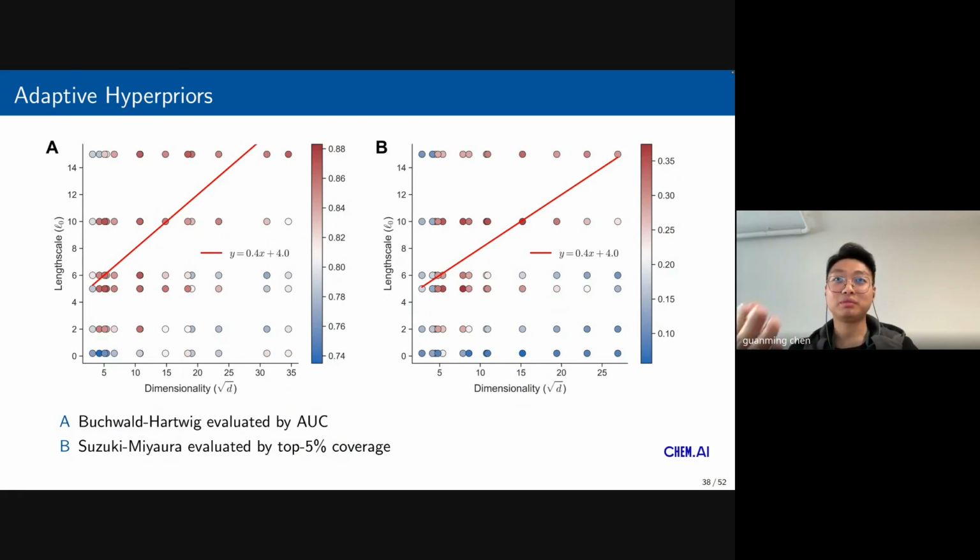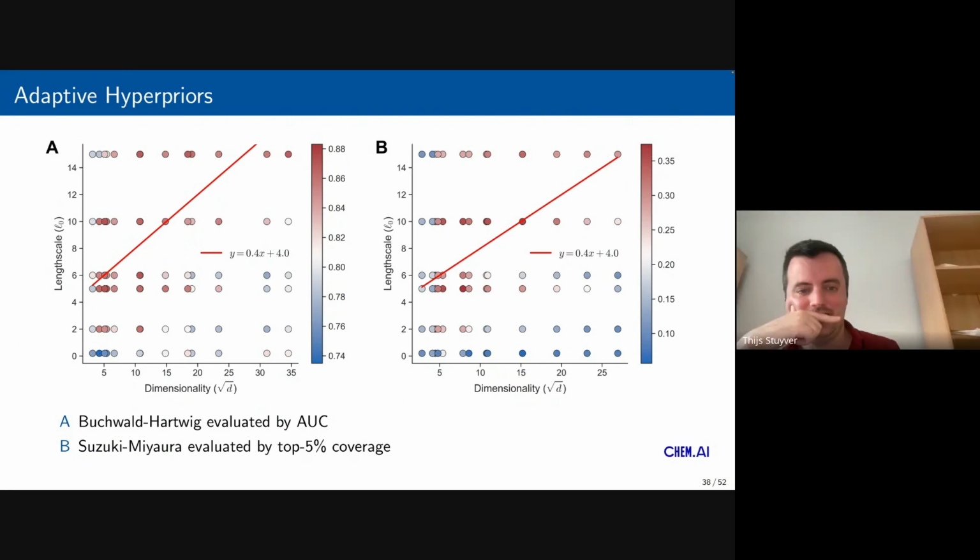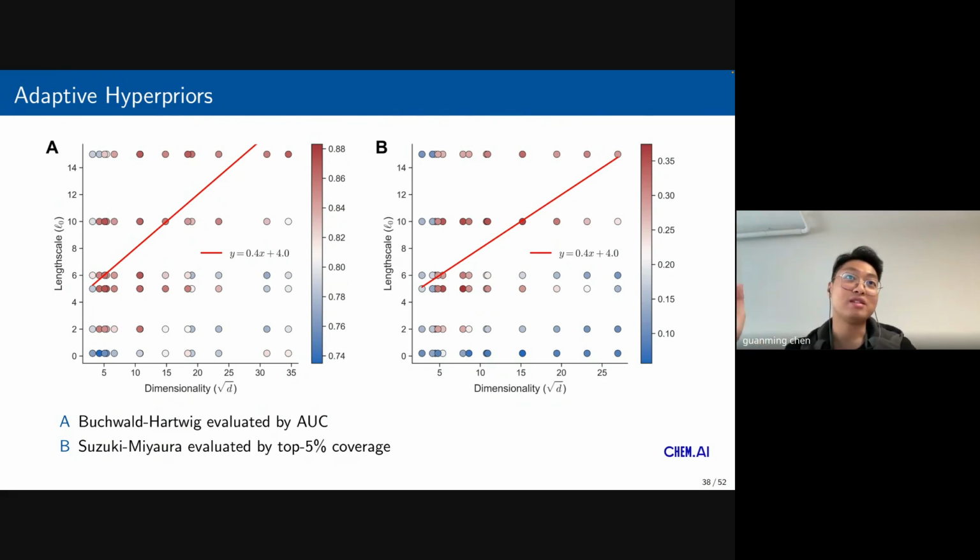These results are generated with default hyperpriors that are not well designed for a high dimensional problem. So you can imagine that if you go to the right side, where you have a high dimensionality, your default hyperpriors are not working. So that's why the right side is always blue.